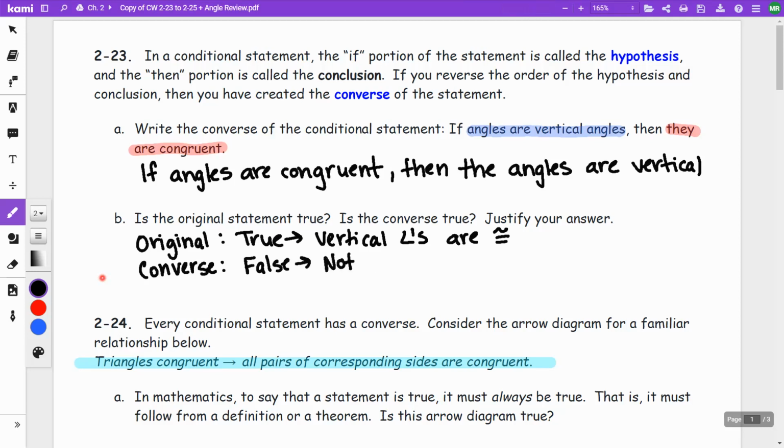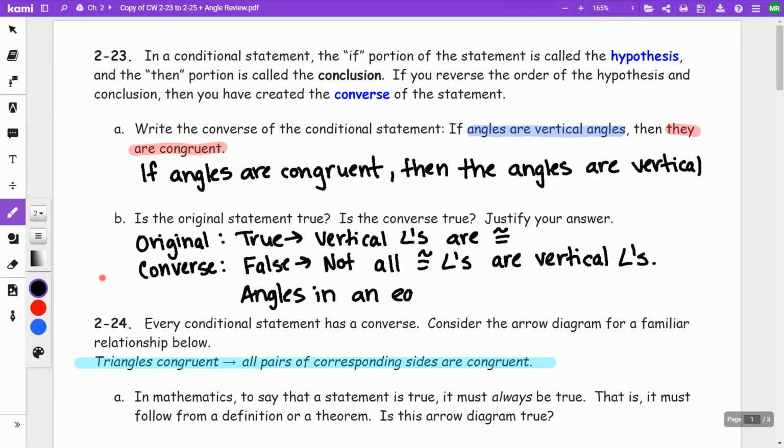Not all congruent angles are vertical angles. So sometimes we give what we call a counterexample, something that would prove something is not true. So an example of congruent angles, when we have the angles in an equilateral triangle, right?